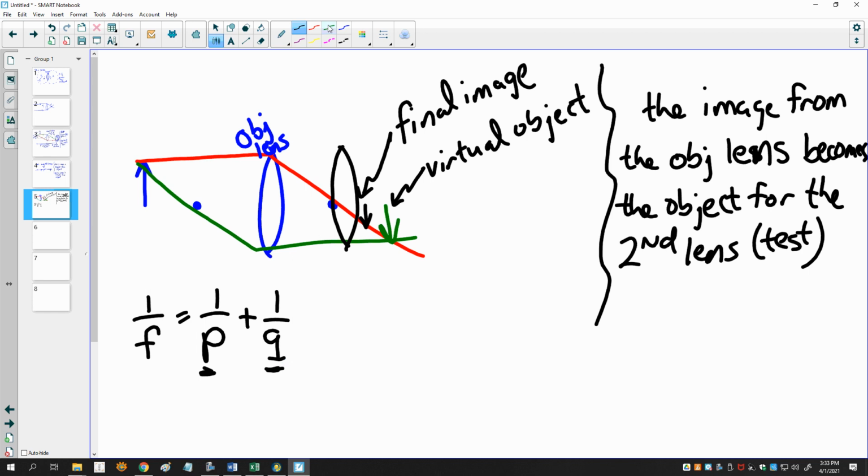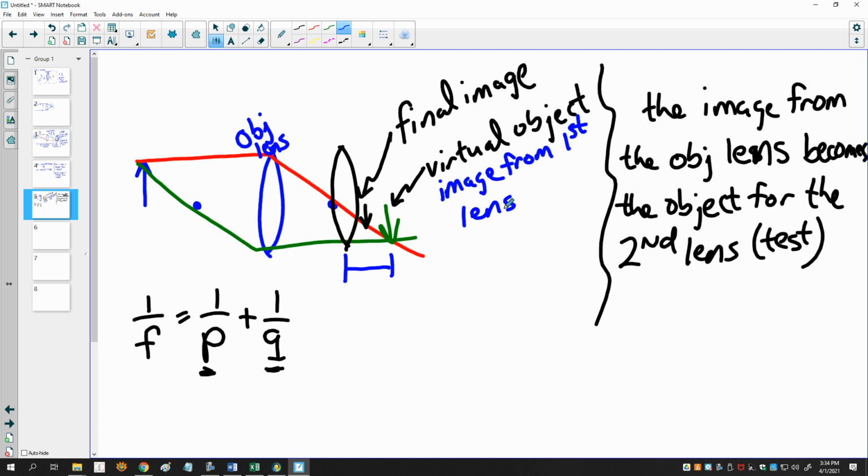Now, P for this test lens is the distance from here to here. So remember, this was your image from your first lens. We find out where that is and we note the position of it. And there's a place in your lab manual to note the position of the image from the first lens.